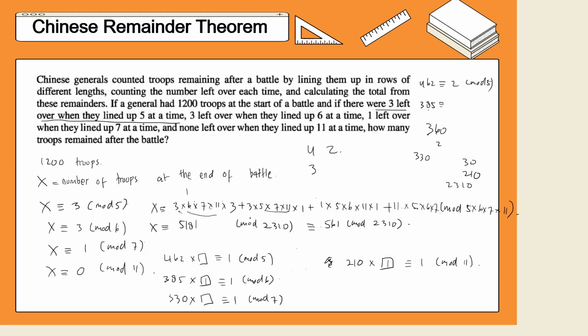The next section is to make sure that I get remainder 3 modulo 6. So I write the 3 and then I need to make sure that it's going to be 0 when I calculate the other moduli, which are modulo 5, modulo 7, modulo 11. So I multiply with each of them, 5, 7, 11. And to make sure the remainder is still 3, I have to multiply it with the inverse of 5, 7, and 11 multiplied together.